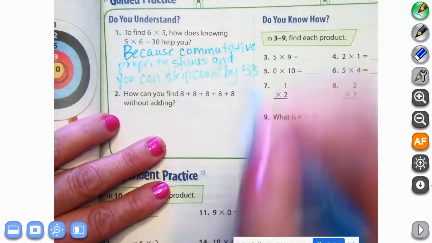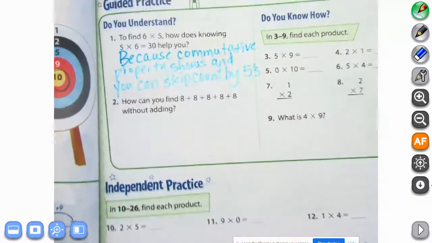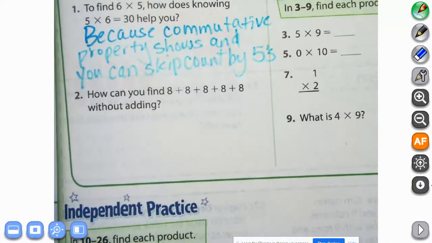They would be a lot easier to skip count by. You guys see that okay? So commutative property helps us, but also we can skip count by 5.